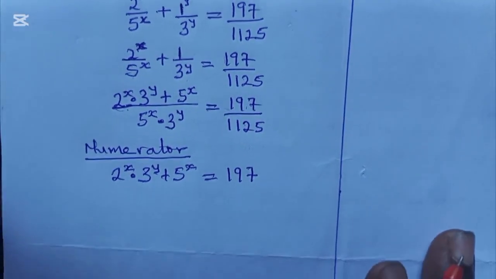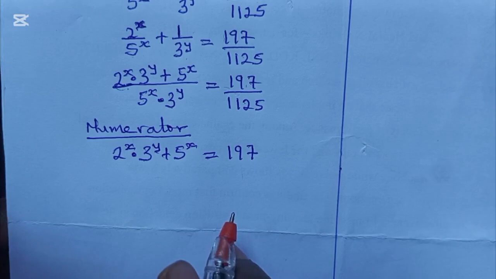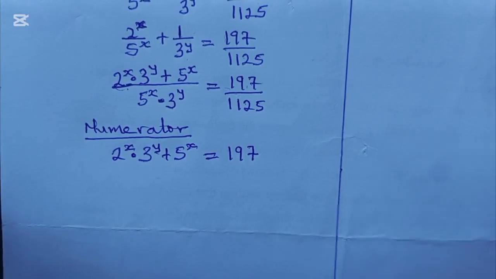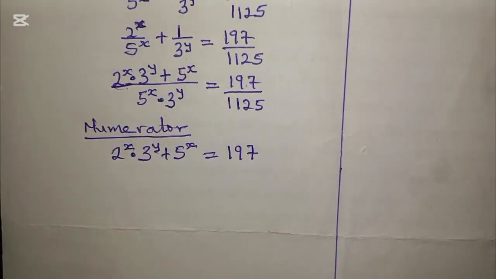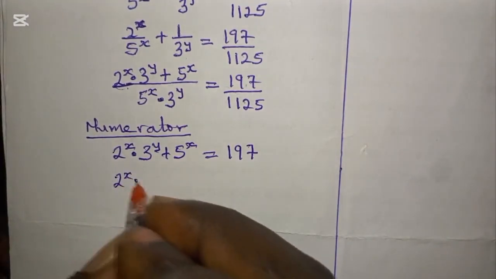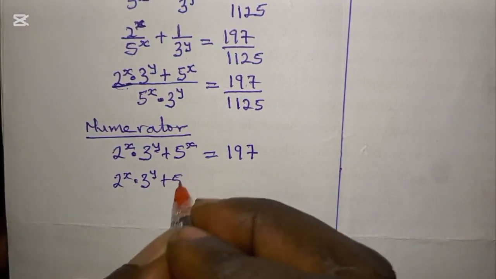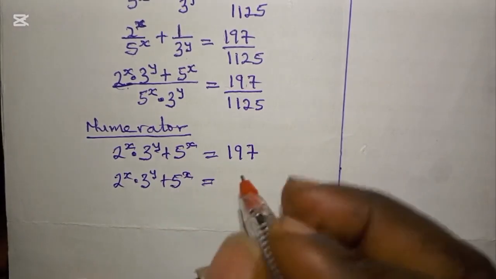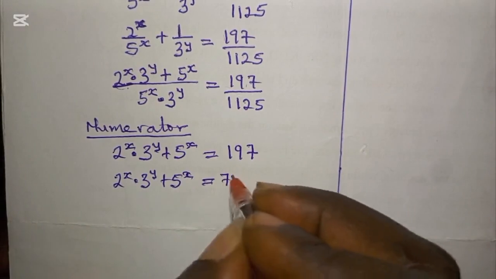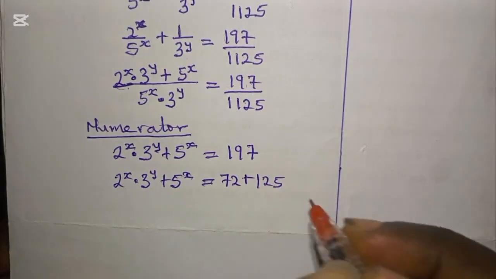Okay, and we can write 197 in this way. So we have 2^x times 3^y plus 5^x will be equal to 72 plus 125.